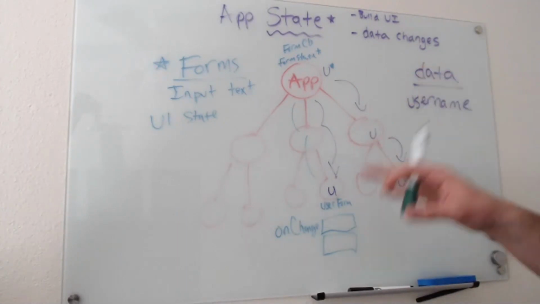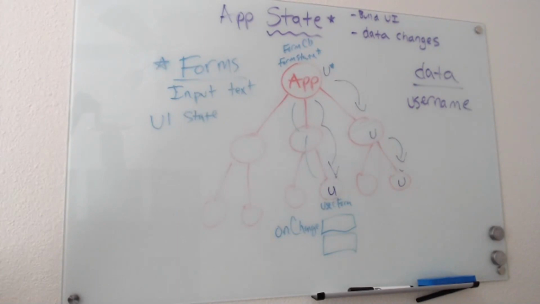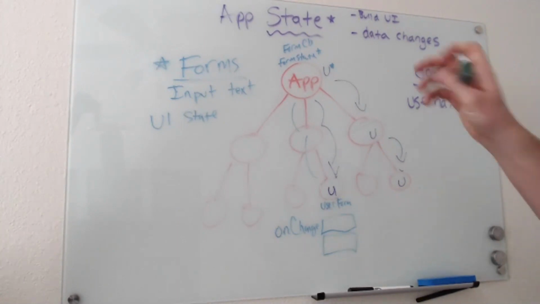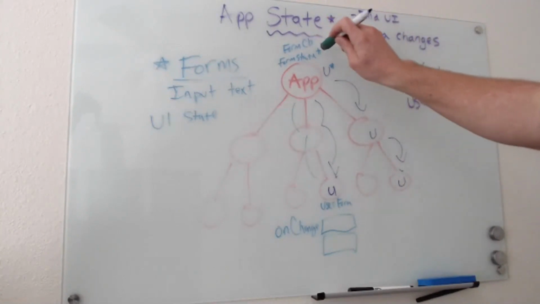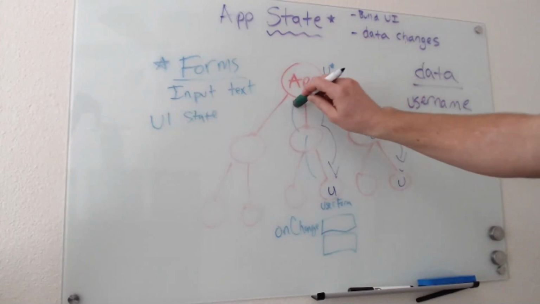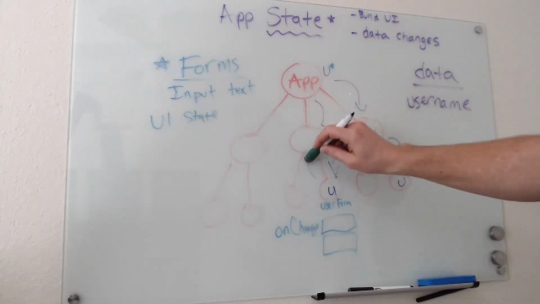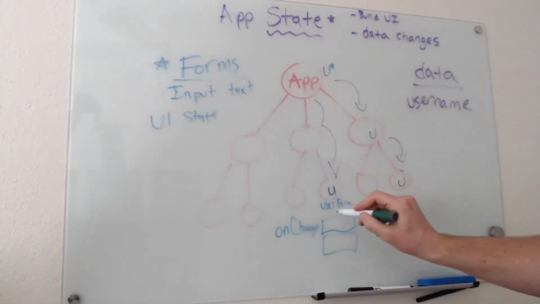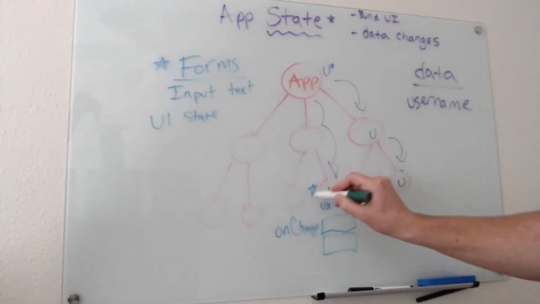But another pattern that you'll see quite often, and that we've done in class and that's probably done in your project now, is that we don't manage our form state up here. Instead, we manage our form state down here.